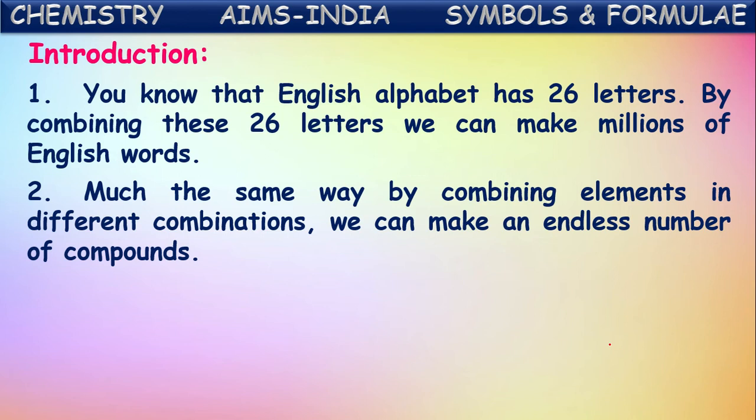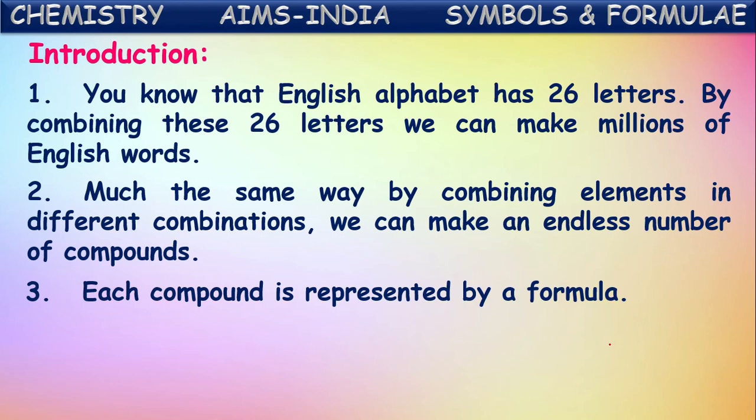There are crores and crores of compounds available, but all of them are made from those 118 elements only. So each compound is represented with a unique formula. Just as elements are given unique symbols, in the same way compounds are given a shortcut notation which is called a formula.